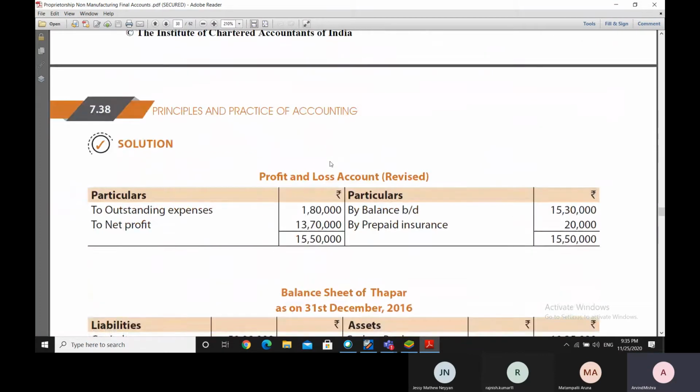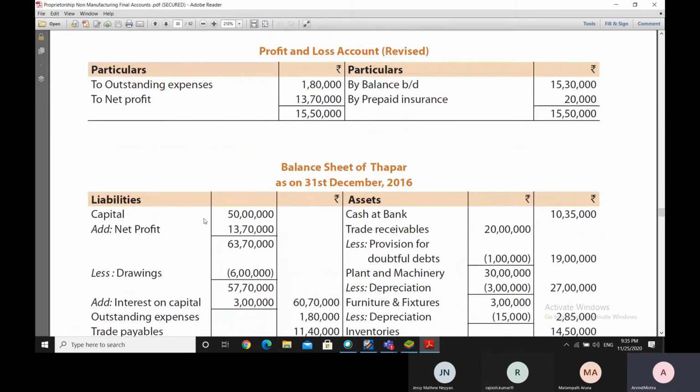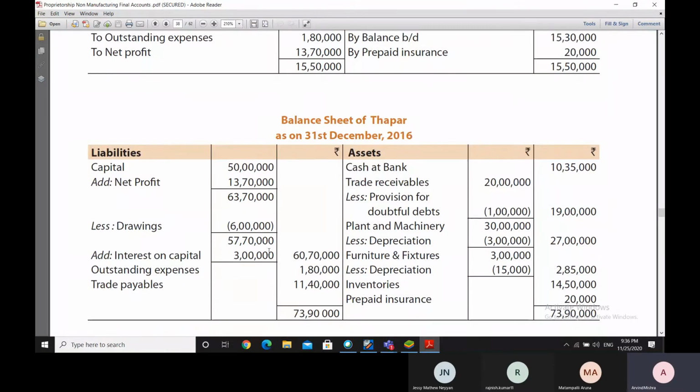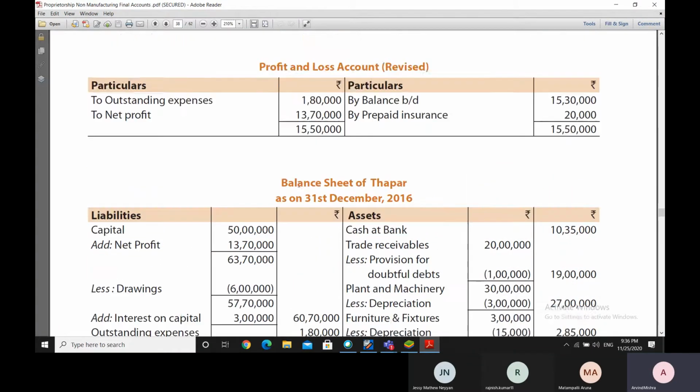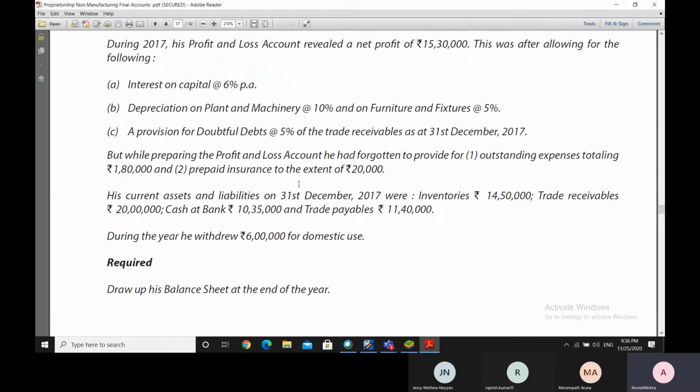So we are rearranging it to put it at the top, and we start with capital of 50 lakh rupees, and we add the net profit, and then we get 63 lakh 70,000 rupees, and then we reduce the drawings from it, and finally we get the amount of the capital. And then of course we add the interest on the capital, because in the question it has been mentioned that we have to allow the interest on capital at the rate of 6% per annum.